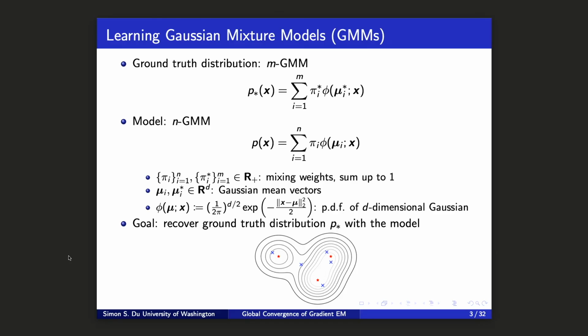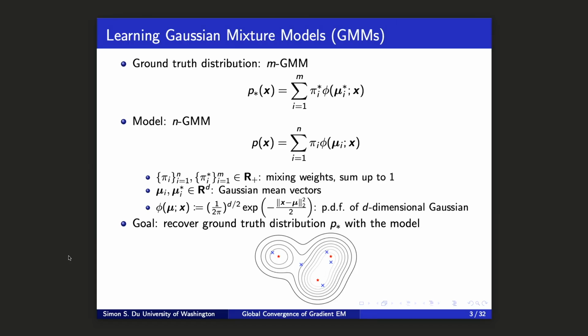Mu i star is the mean of the i-th Gaussian component, x is any point, and phi mu i star of x, notation-wise, is just the Gaussian density function. Here we only consider the identity covariance case, the simplest case. And the pi star sum to 1; they are the mixing weights.